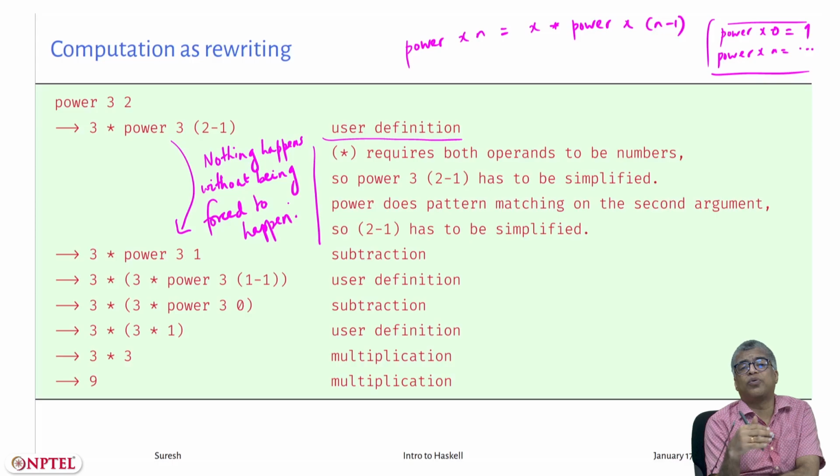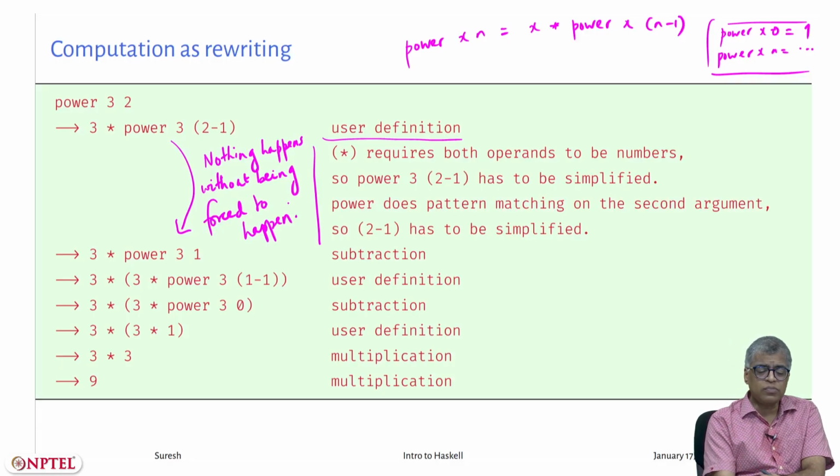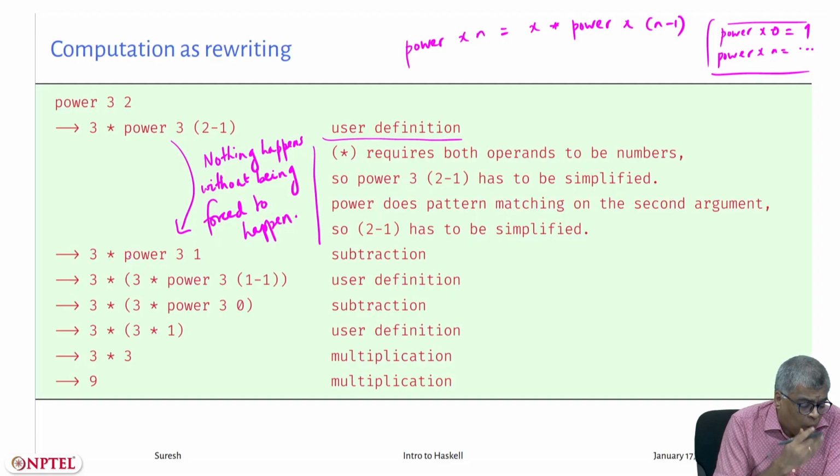You are forced to simplify 2 minus 1 because you have to check whether the second argument is 0 or not, and that determines what rule you will apply next. So, you have come here now, and you subtract 1 from 2 and you get power 3 1.